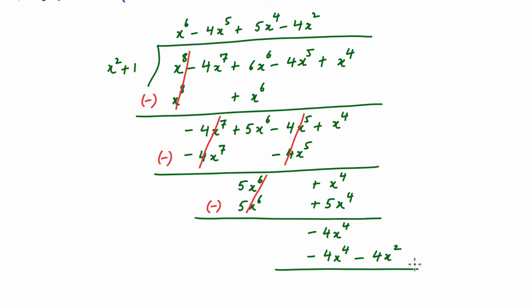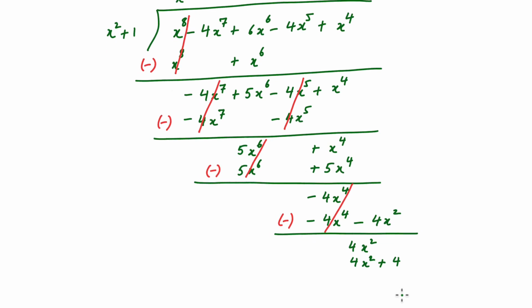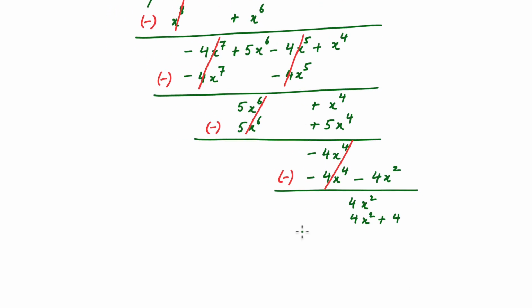Again, subtracting these last two lines, minus 4 times x raised to the power 4 cancels, and we are left with plus 4x square. And finally, multiplying the denominator x square plus 1 with plus 4, we get 4x square plus 4. Subtracting the last two lines, we see that 4x square cancels, and we are left with minus 4 as the remainder.